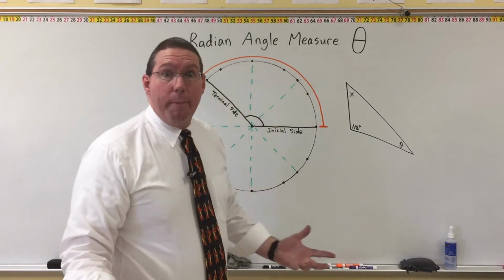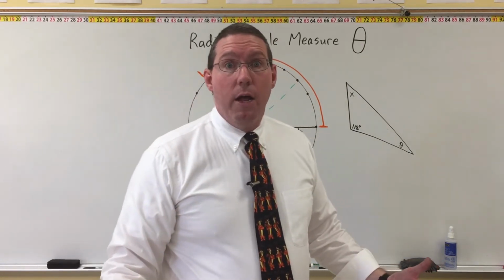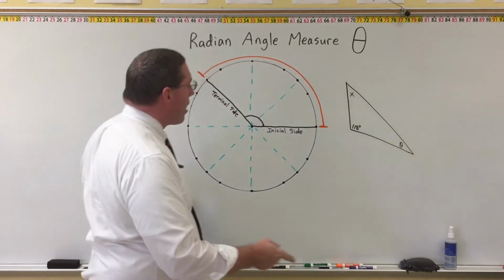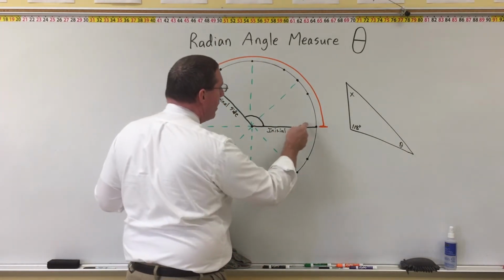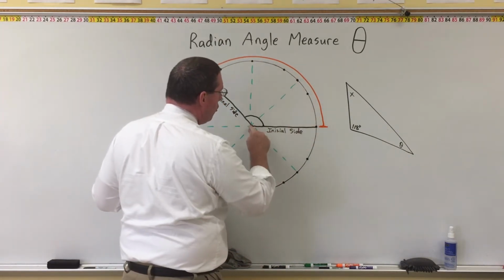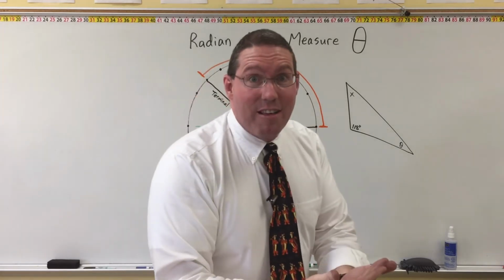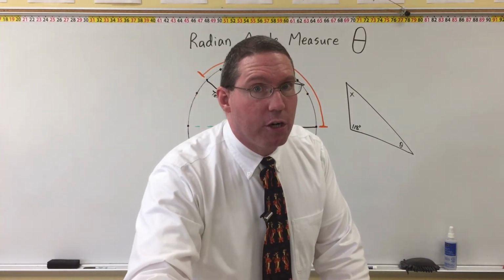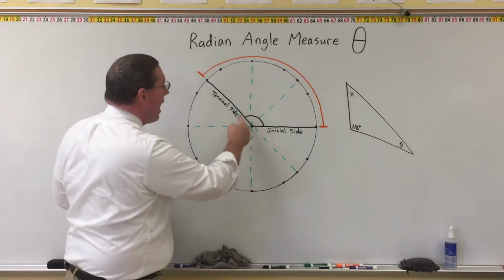Now, we've been learning about radians in the last couple videos, right? You said, well, wait a minute, isn't radians the unit of measure where you measure the outside of a circle using the radius? Yes, and it's the exact same measure that is used to measure the angle.